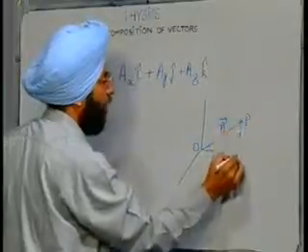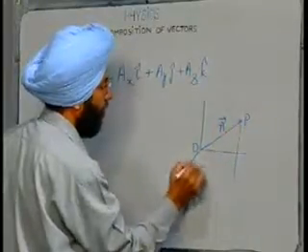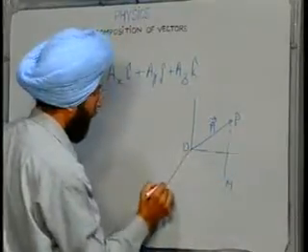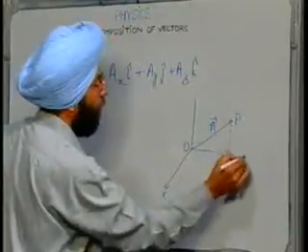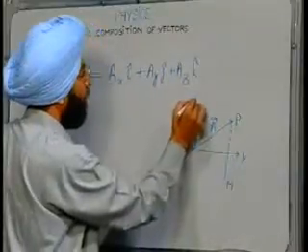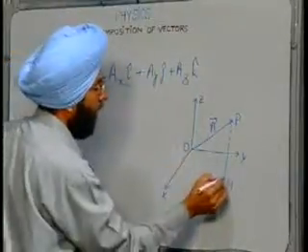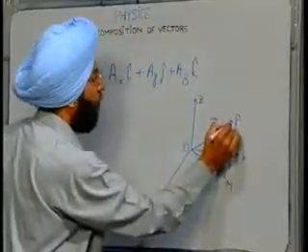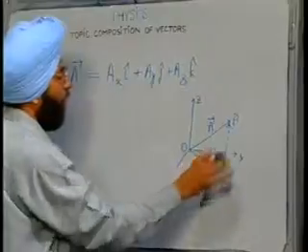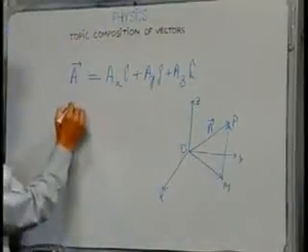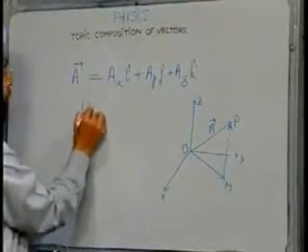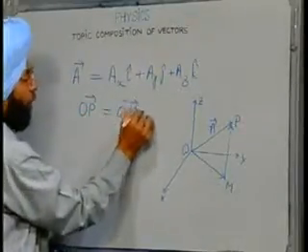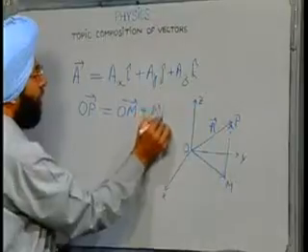From P we draw a perpendicular, it meets the xy plane at M. From triangle, OP vector is equal to OM vector plus MP vector.